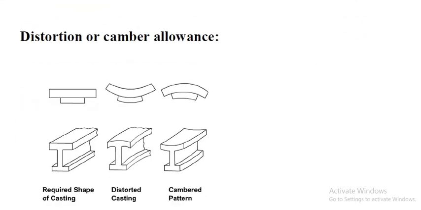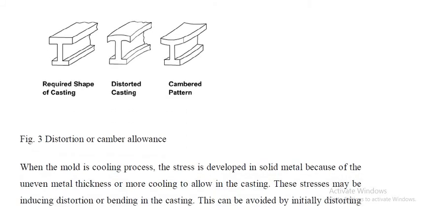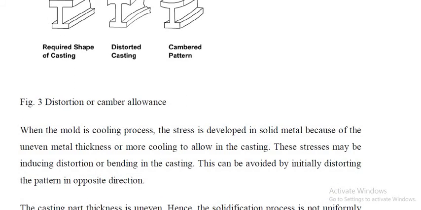Then the next one, distortion or camber allowance. As we all know, during the casting process a lot of thermal stresses or other stresses are generated. During the cooling process of the mold, stress is developed because of metal unevenness, more cooling or other phenomena. This can affect distortion, or might initiate bending.